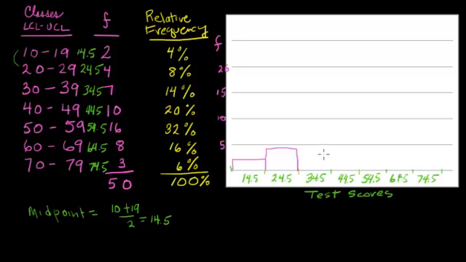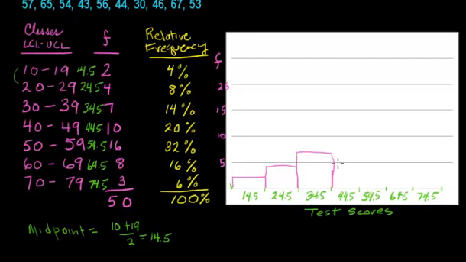The next class, 7. And in the next class, 44.5, we had 10. In the next class, we jumped from 10 to 16.